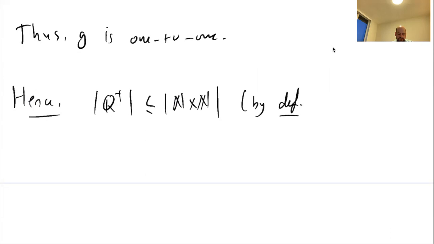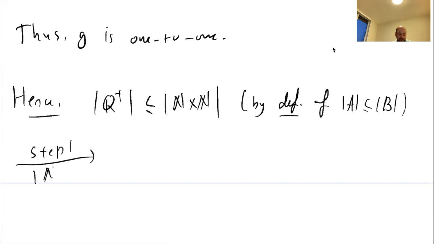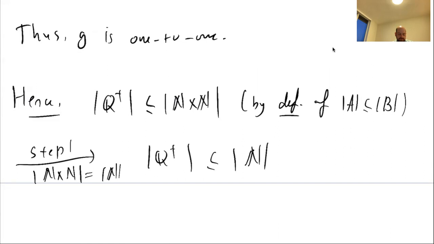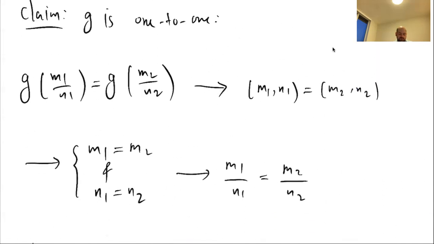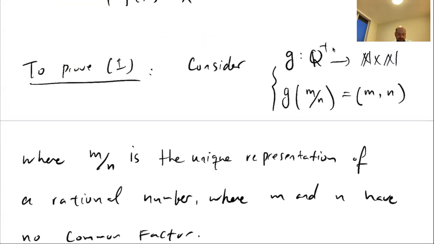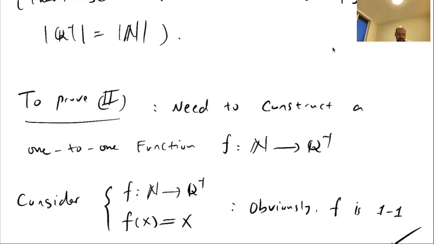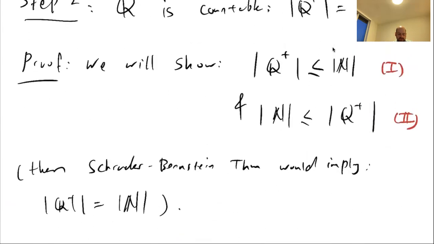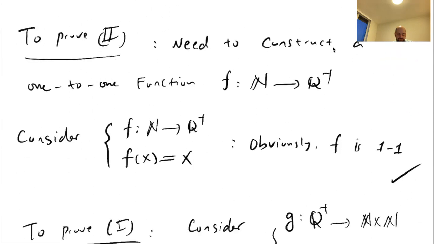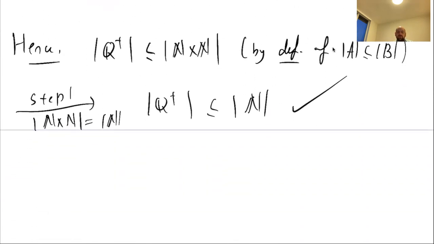Now, by step one, I know that cardinality of N cross N is equal to cardinality of N. So that means cardinality of Q plus is less than or equal to cardinality of N. And that's exactly what I wanted to show, right? I was proving 1. And what was 1? 1 was cardinality of Q plus less than or equal to cardinality of N. There you are. I showed this.